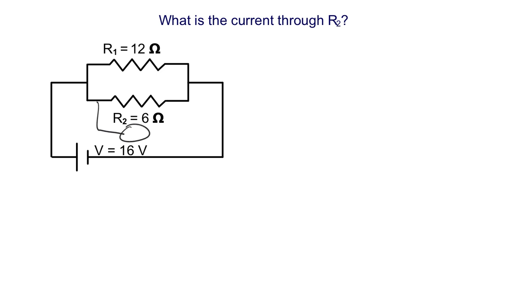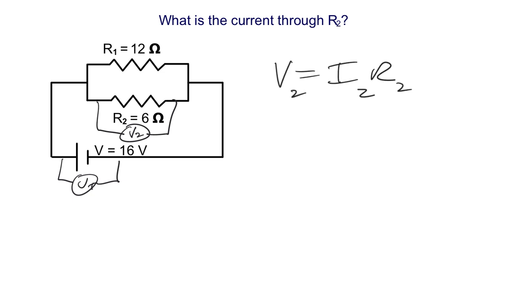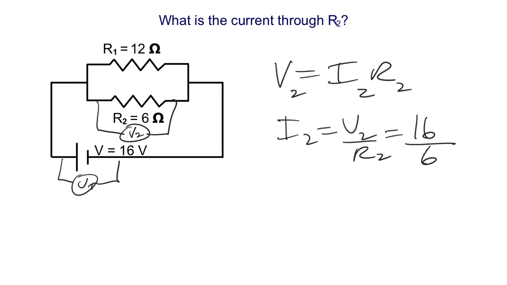So what is the current through R2? So I know V2 is equal to 16, VT, because they're in parallel. So Ohm's law again. I2 equals V2 over R2 equals 16 over 6.